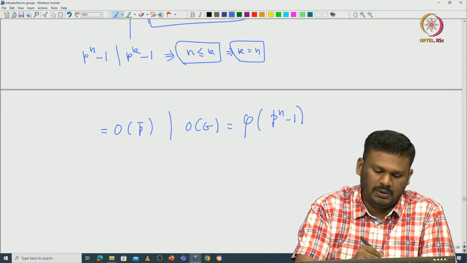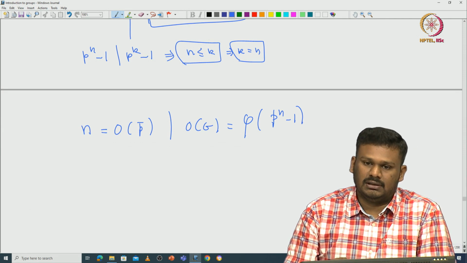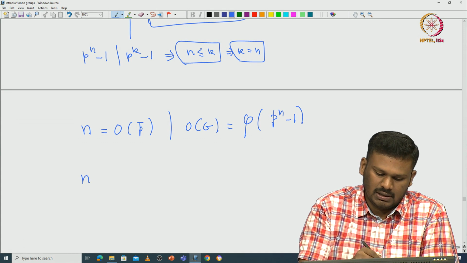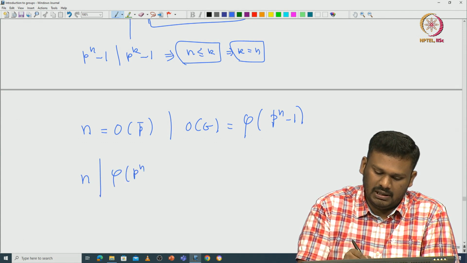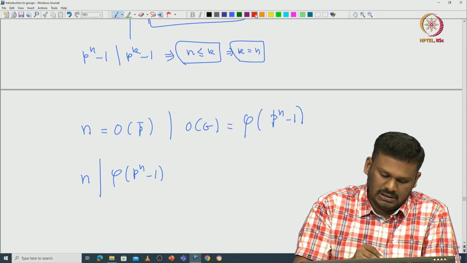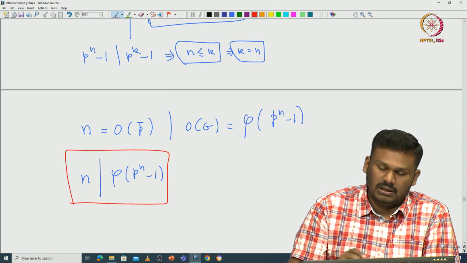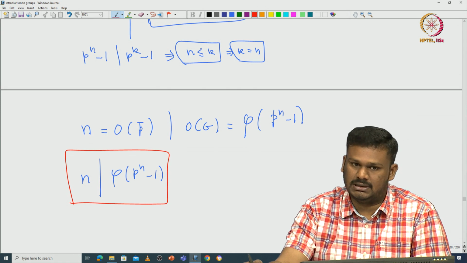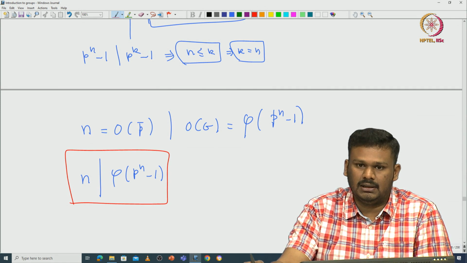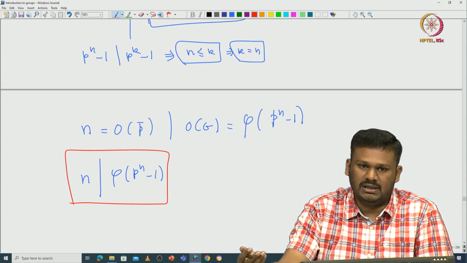But the order of p bar is n. So we get this immediate corollary: n divides phi of p power n minus 1. Such an interesting fact is immediate from Lagrange's theorem. So for any natural number n and any prime p, n always divides phi of p power n minus 1.